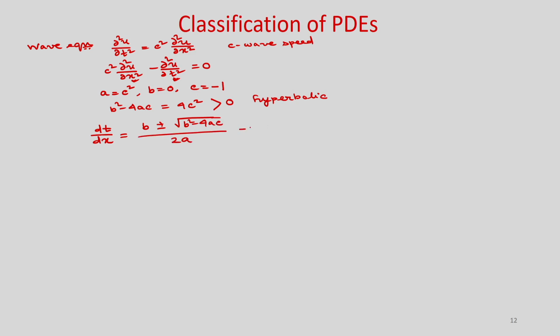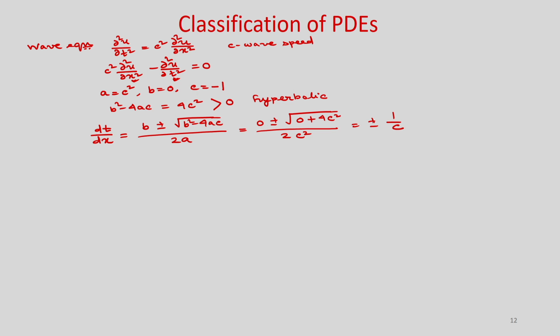B is 0, so it is plus minus root of 4 c square divided by 2a, which is 2 c square. So dt by dx is plus minus 1 by c.